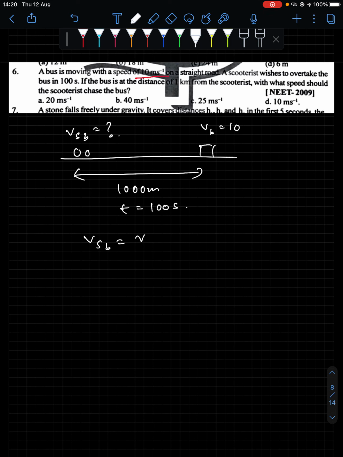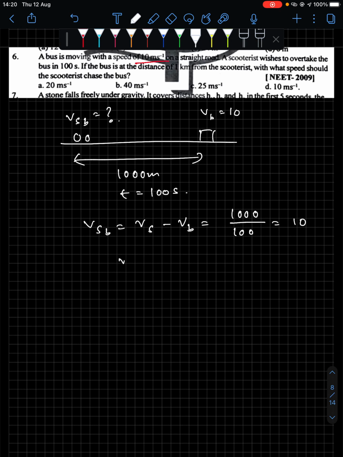Velocity of scooter with respect to bus is velocity of scooter minus velocity of bus, and this is equal to distance 1000 meter divided by 100. Therefore you get 10 here. Now Vs equals 10 plus Vb. Vb value is 10 already, so 20 meter per second is your answer. Option number A.